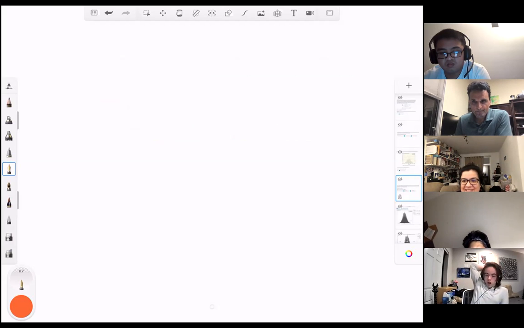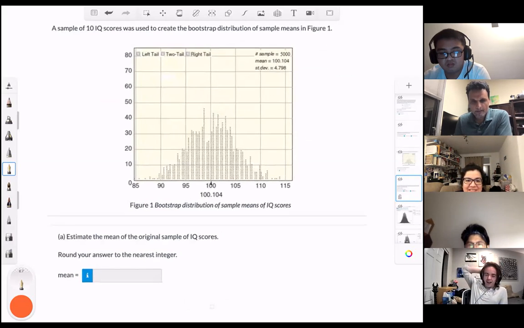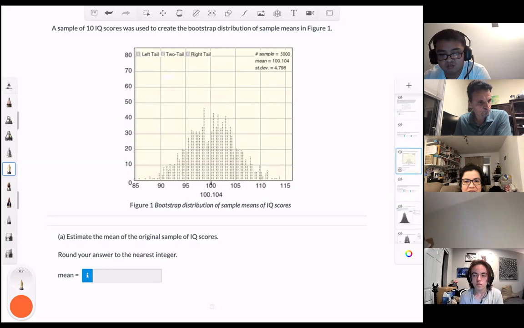All right. Now I give you guys a graph. Estimate the mean of the original sample of IQ scores. Round your answer to the nearest integer. What do you think the answer will be? James, being very quiet.